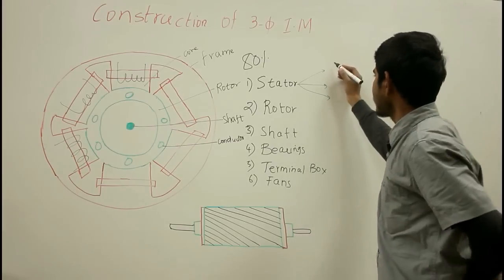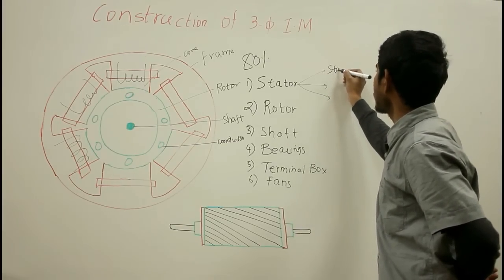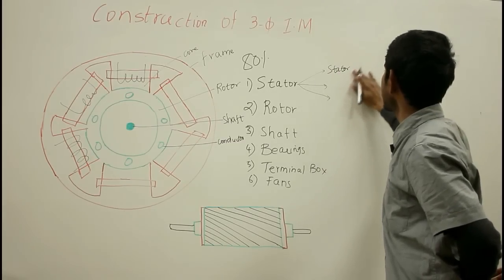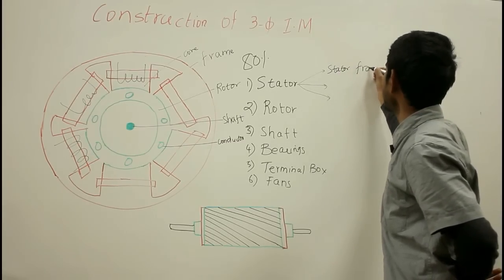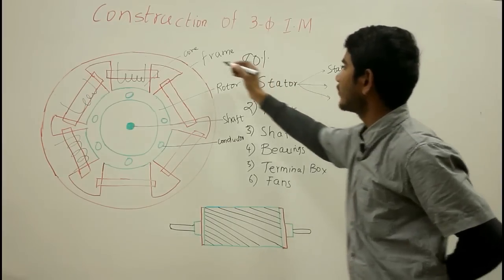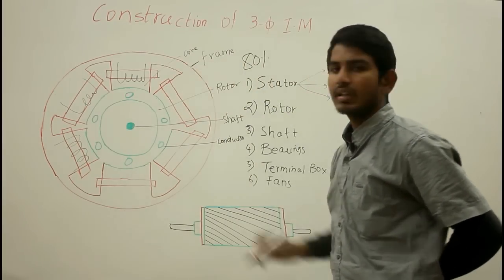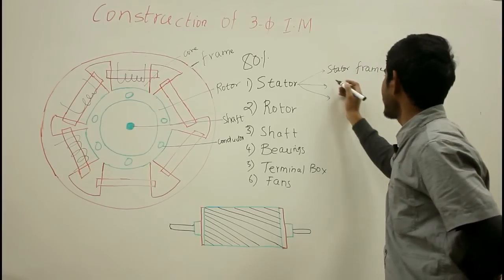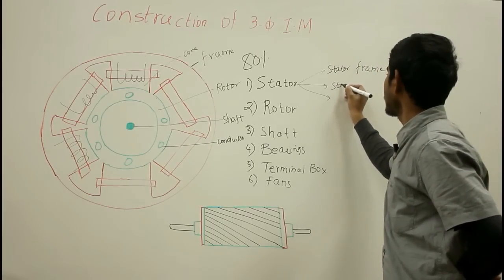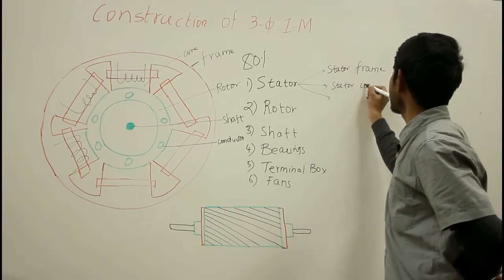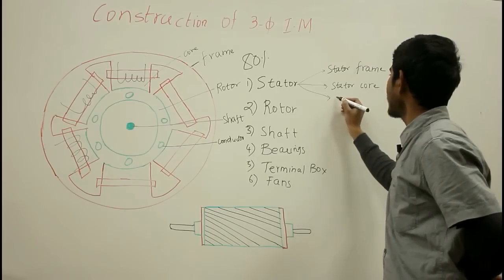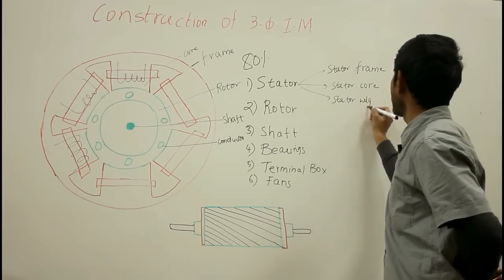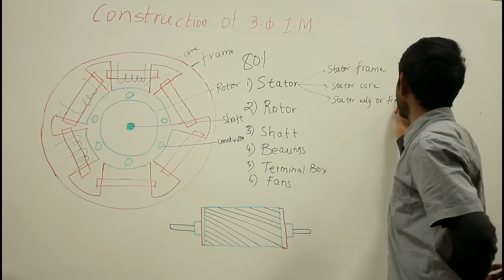The stator has three parts: the stator frame coming from outside, which is the outermost covering of the motor; the stator core, which is inside the stator frame; and the stator winding or field winding.